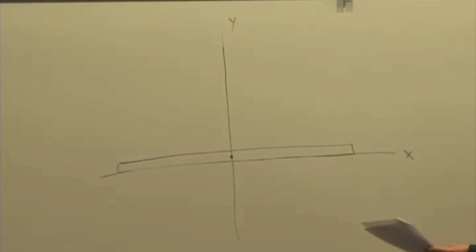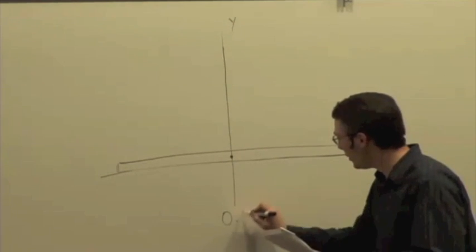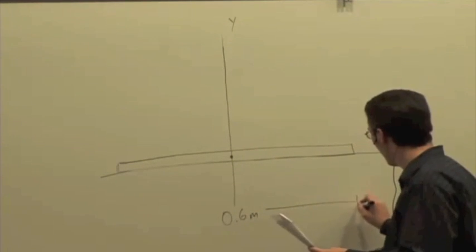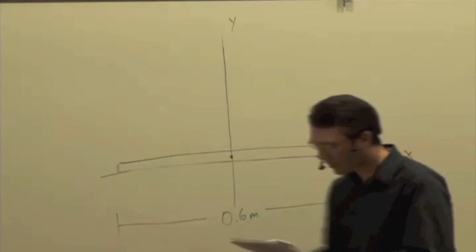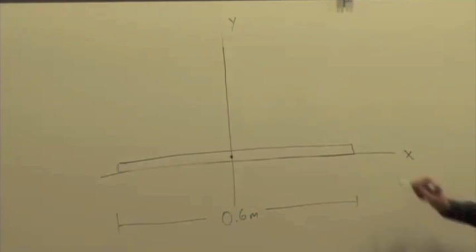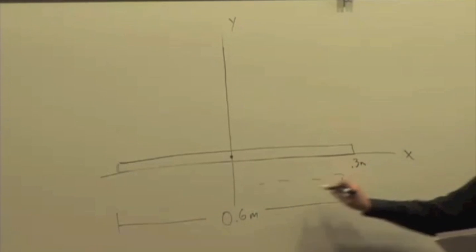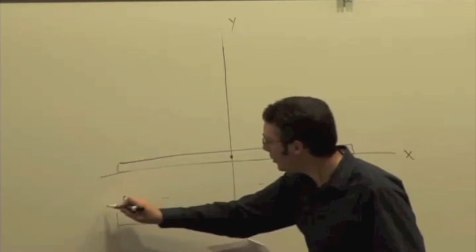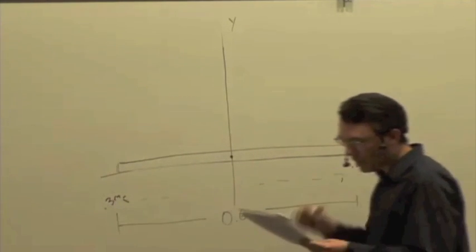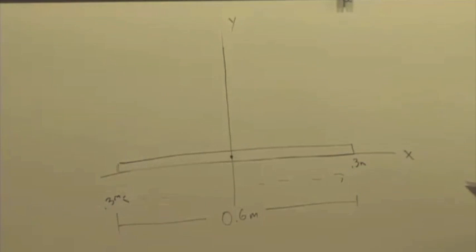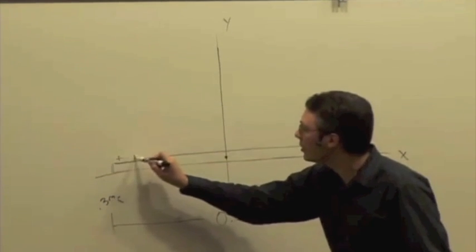Okay, and let's say the length is 0.6 meters. So this end is 0.3 meters away, and this end is 0.3 meters away from the origin. And I want to find the electric field due to this, and let's say it's positively charged, has a uniform positive charge.